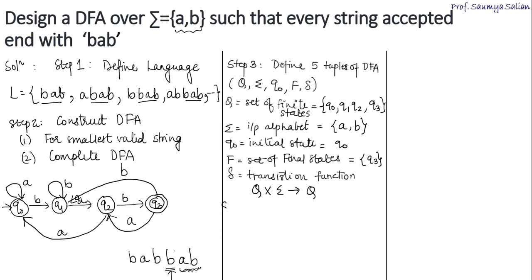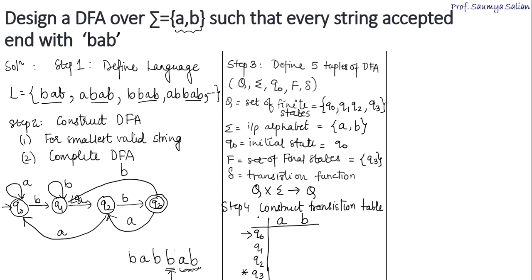Right? Step 4 is to construct the transition table. Okay, so let's begin. For inputs A and B, the states here are Q0, Q1, Q2 and Q3. Q0 is the initial state, Q3 is the final state, and this is my delta function.